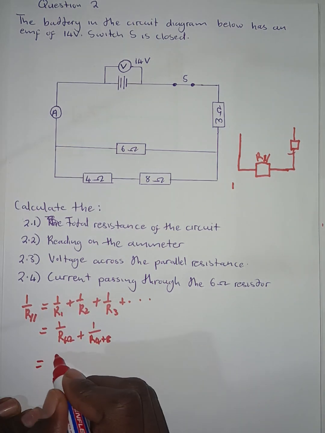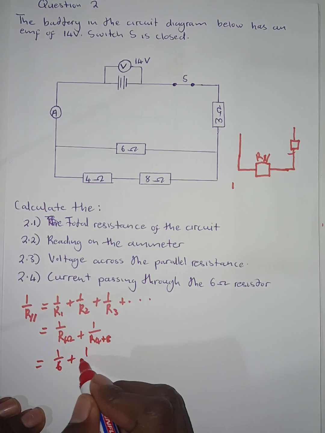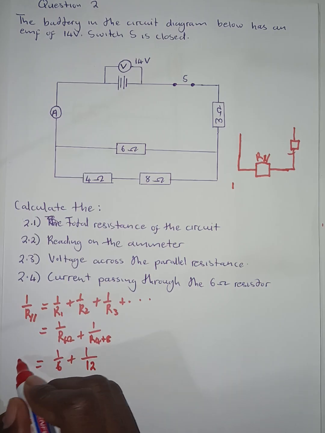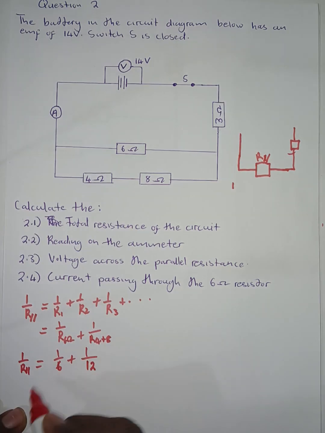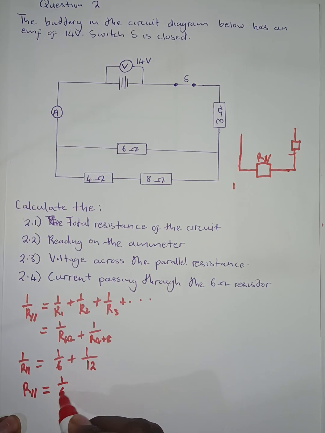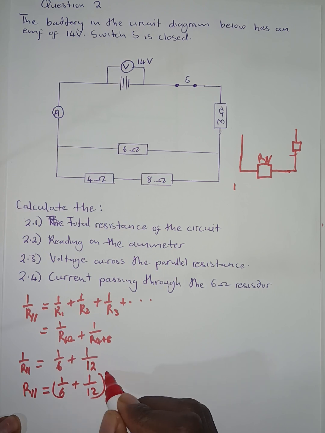So this would be 1 over 6 plus 1 over, we know that 4 plus 8 gives us 12, right? So this would be 1 over 12. So this would be my 1 over R parallel. So again, to calculate R parallel, I'm going to use the technique: R parallel in this case equals 1 over 6 plus 1 over 12, and we put a -1 there so that it inverts it for us.